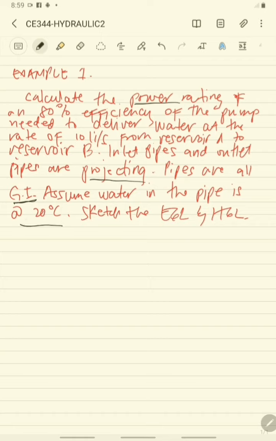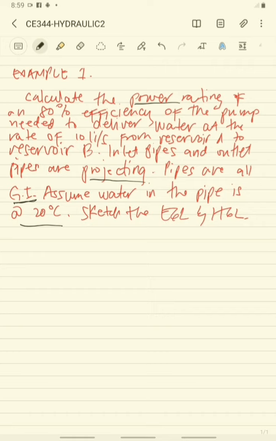Okay, then we have to assume the water in the pipe is at 20 degrees Celsius. So we need to determine also the temperature of the water, because from the temperature we will know the properties of the water that we are going to use. This data is also tabulated.